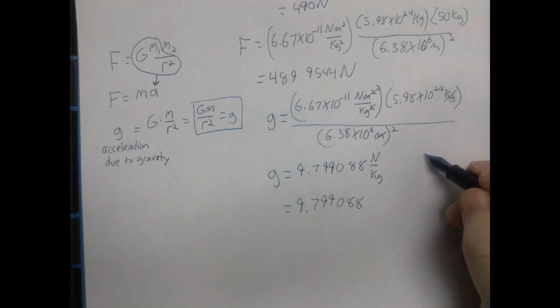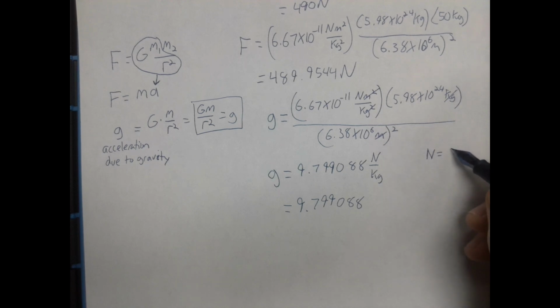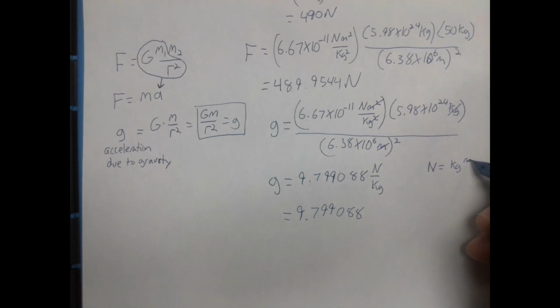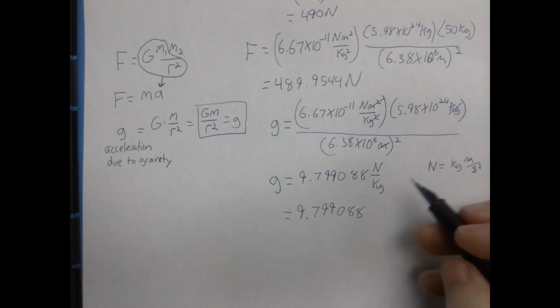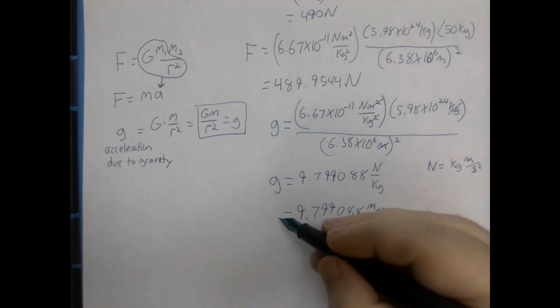A newton is equal to a kilogram times meters per second squared. So this is meters per second squared.